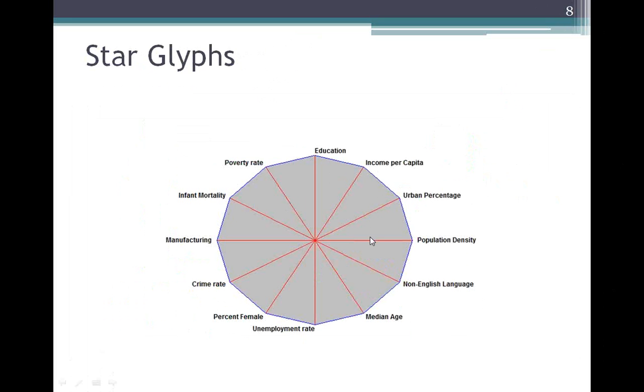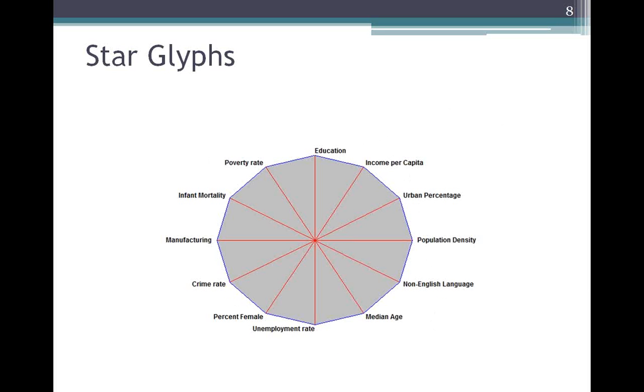What you're seeing is what the glyph would look like for a state that had a maximum value on all 12 characteristics. When we actually plot this glyph for a particular state, the size of the glyph along any particular axis will be proportional to its relative value on that variable.